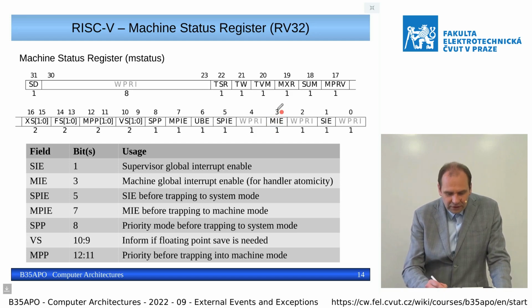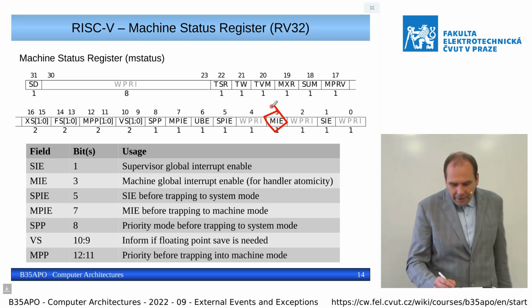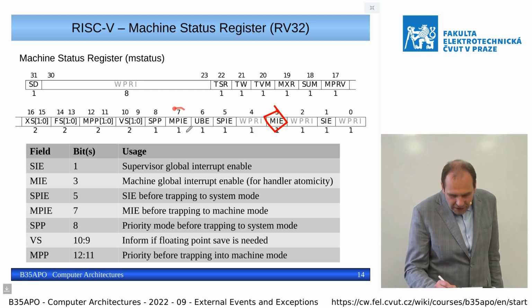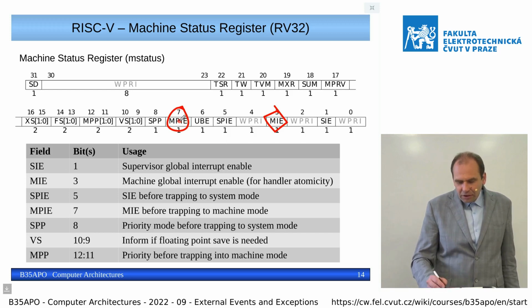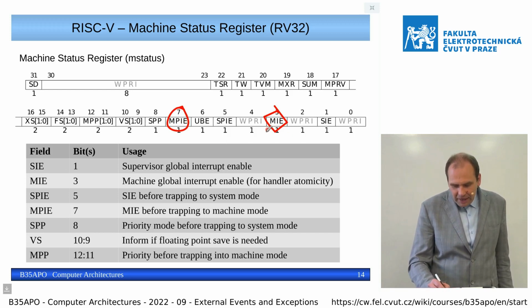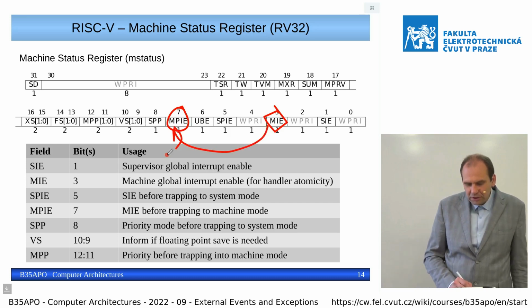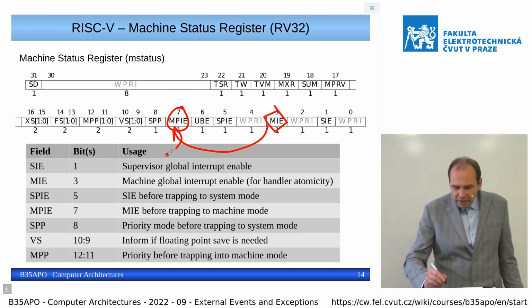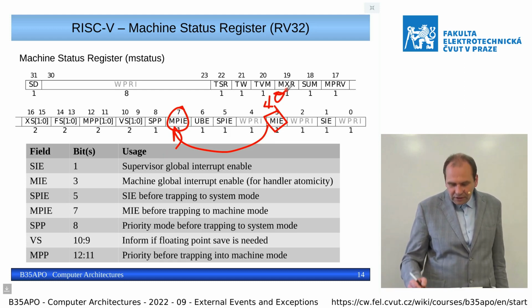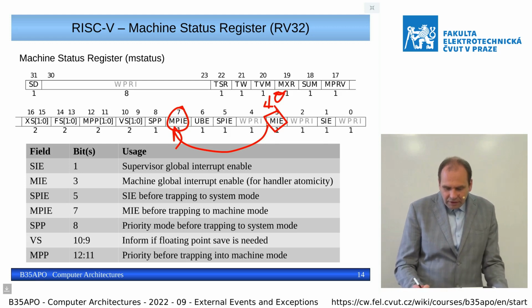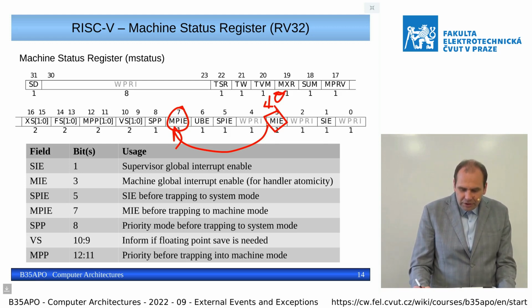For this reason, there is the global interrupt enable and the machine level previous interrupt enable bit. At the moment when an interrupt arrives and starts to be processed, the previous value is copied to the previous interrupt enable, and this one is set to 0. This way it is ensured that recursive processing of interrupts out of control of the operating system or processor is not possible.